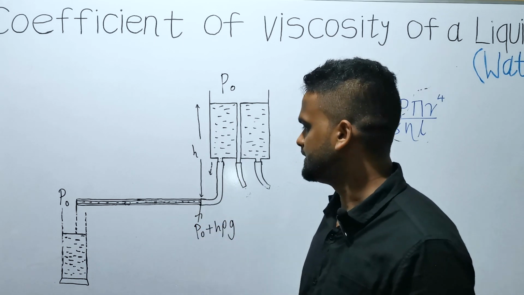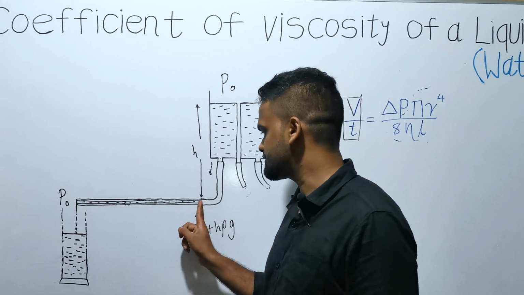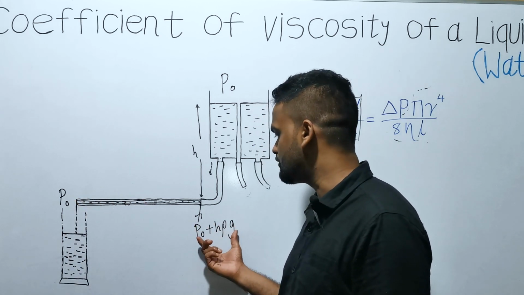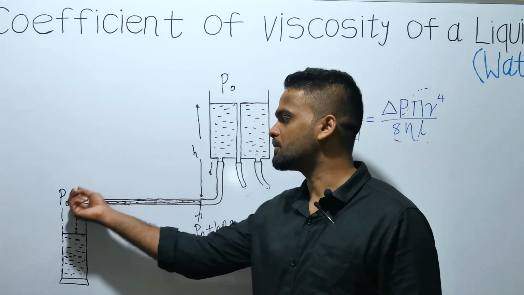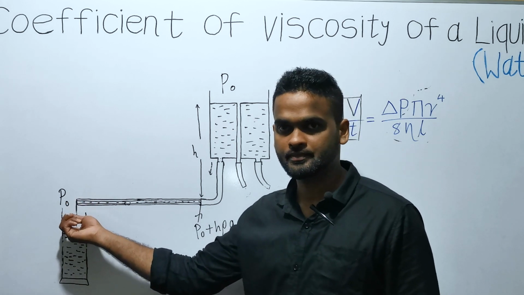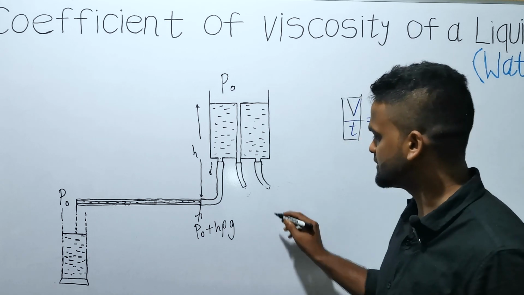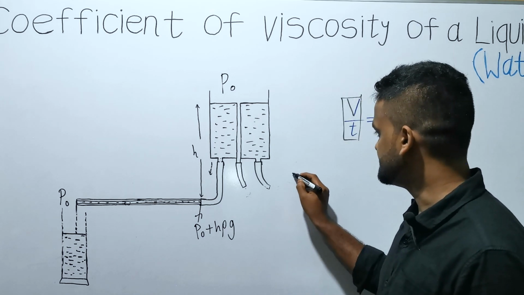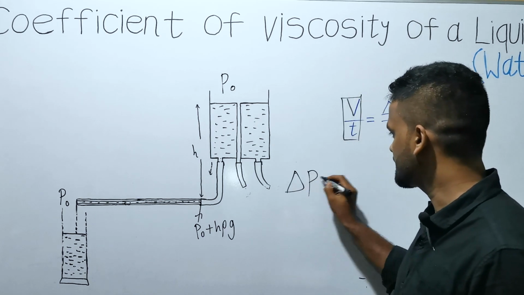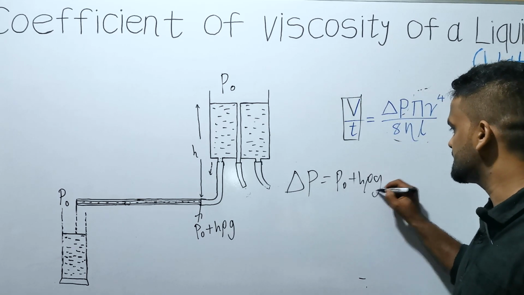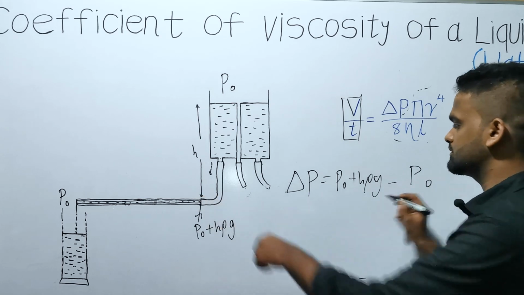Then delta P is the pressure difference between the ends of the pipe. So the pressure here is P naught plus H rho G. Pressure here is P naught. Then you have to get the difference of those pressures. So the delta P is P naught plus H rho G minus P naught.